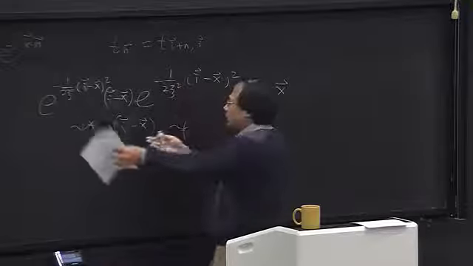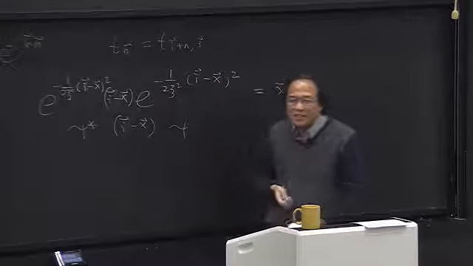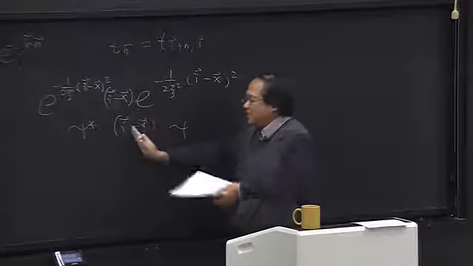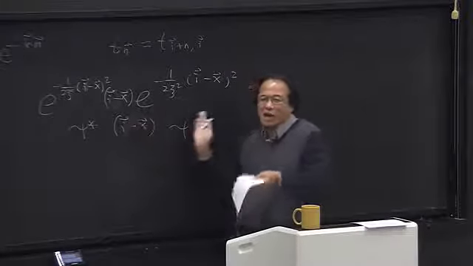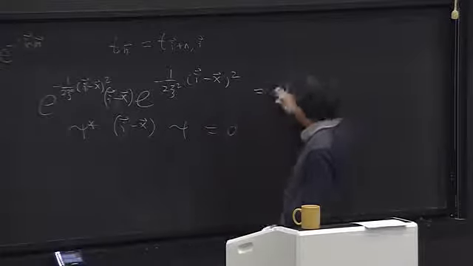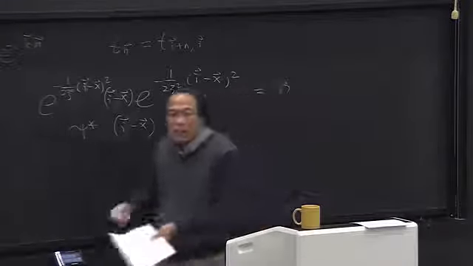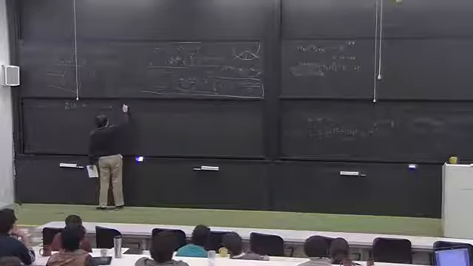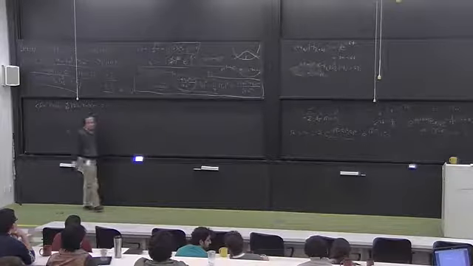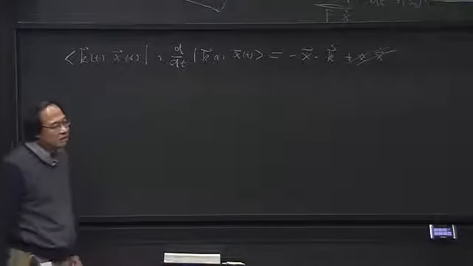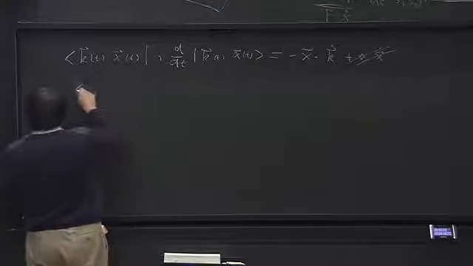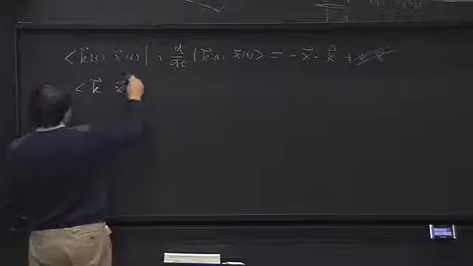You do the average integration over I. Again, this wave packet is centered at x, and this one is odd about x, so this average is equal to 0. So that's why we don't have the other term. There should be something with x dot, but this term is 0, so we don't have that. Okay, so that's it. And then we have a term kx.